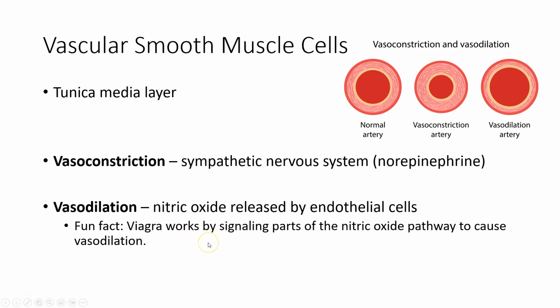Viagra will relax the blood vessels by signaling parts of this nitric oxide pathway, causing vasodilation, and that's how that drug works. This is a brief review of our structure and function of blood vessels.